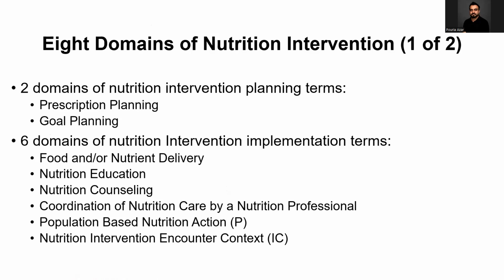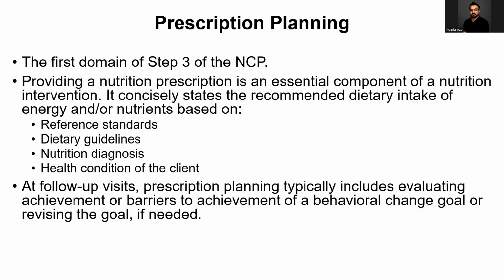For the implementation phase, we have food and or nutrient delivery, nutrition education, nutrition counseling, coordination of nutrition care by nutrition professional, population-based nutrition action, and nutrition intervention in context. So these are the 8 domains of nutrition intervention.